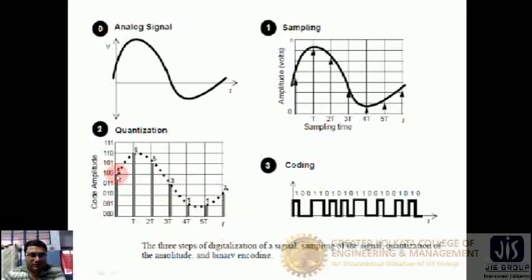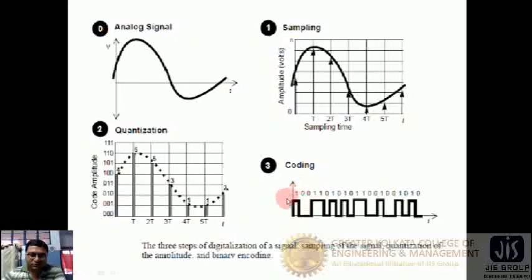Now this quantized level is converted into codes. See, the first sample is quantized in this system, and this is code 100, and this code is transmitted over a transmission line.